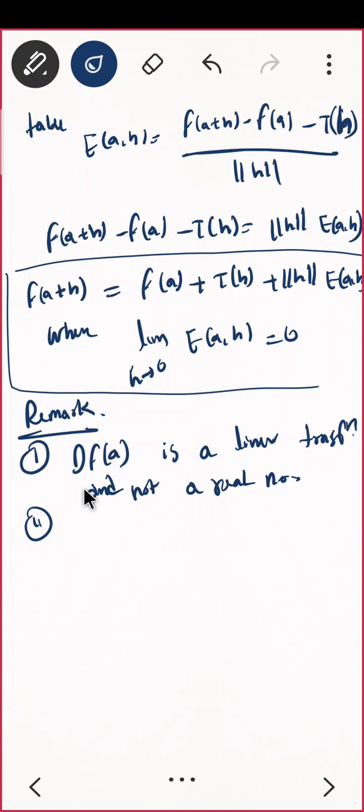And you can also put the epsilon delta definition. What is the epsilon delta definition? The one we used earlier. Let us write that also.